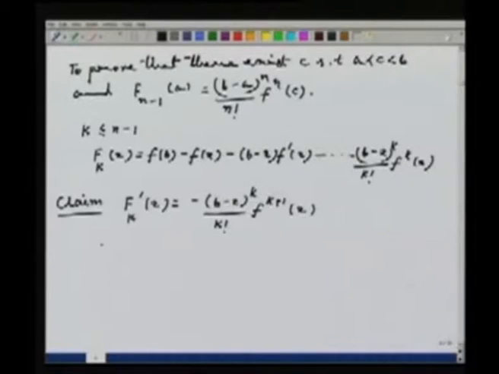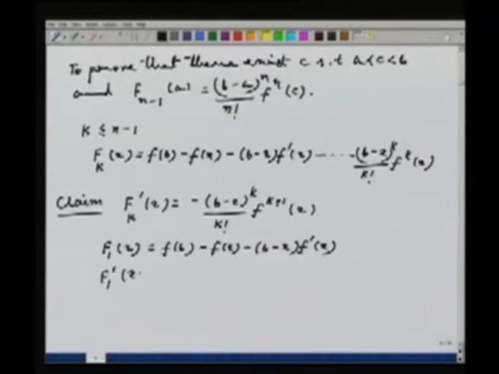What is then F_1(x)? F_1(x) is just f(b) minus f(x) minus (b minus x) into f prime(x), and then F_1 prime at x turns out to be minus f prime(x) minus b times f double prime(x) plus f prime(x) plus x f double prime(x).